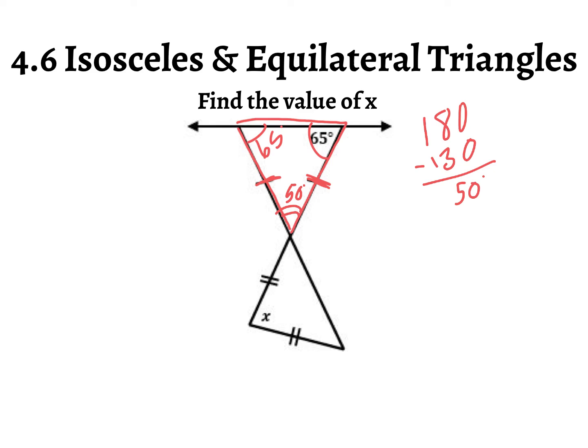Now, on the other side of this triangle, I have vertical angles. I have this blue triangle. These two angles are vertical, which means that they're going to be congruent to each other. So if that top angle is 50, right across from it, we have 50 degrees as well.